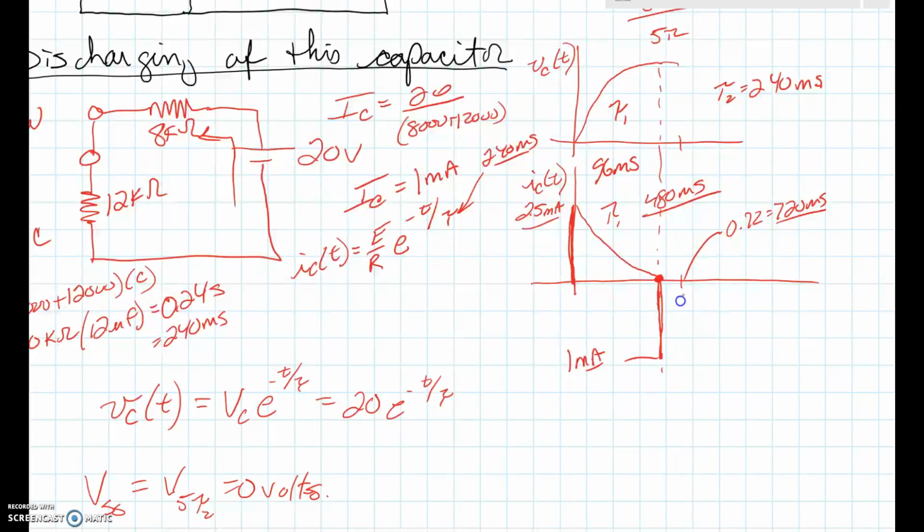It's going to happen longer. The current is going to take longer, and the discharge of the voltage is going to take longer. So it's going to be less steep. But we could still count off those 5 tau, 5 tau 2, and we'll be back where we started.